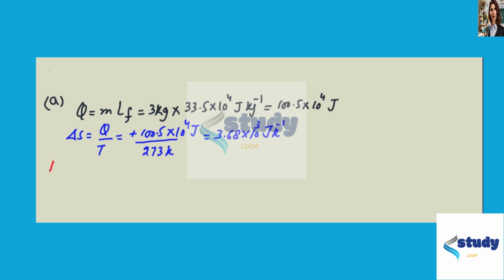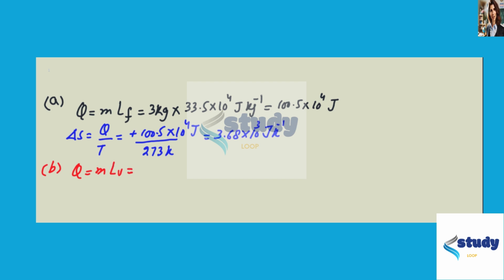Now in part B, 3 kg of water is converted into steam at 373 Kelvin. Again, we will calculate the heat needed to convert water into steam by the relation Q equal to m into latent heat of vaporization.